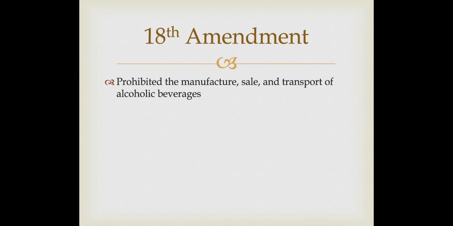The 18th Amendment, which is an amendment to the Constitution, is simply going to do what it says: prohibit the manufacture, sale, and transport of alcoholic beverages. So it means it's illegal to make it, it's illegal to sell it, and it's illegal to transport it.